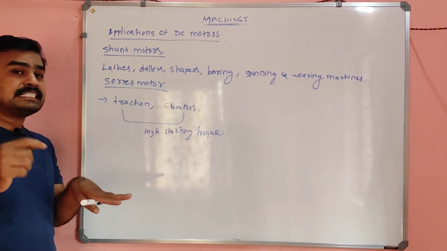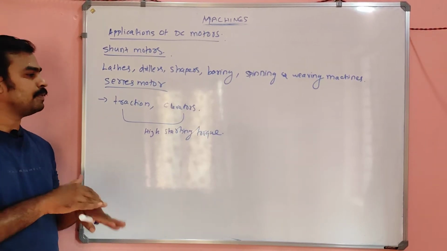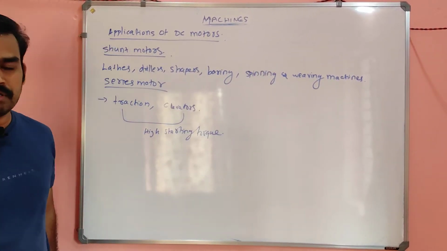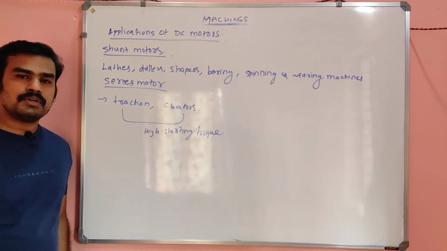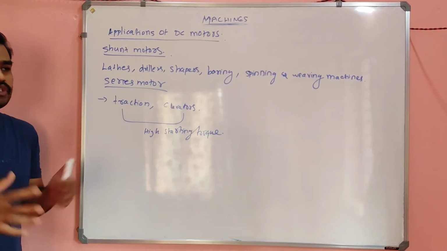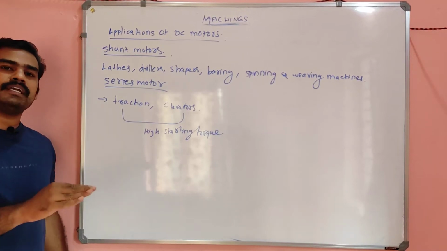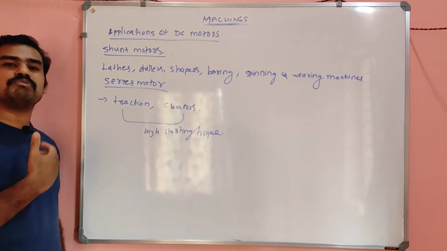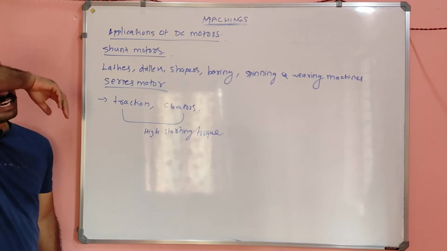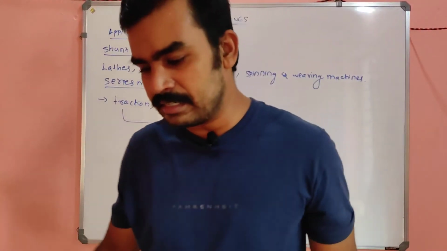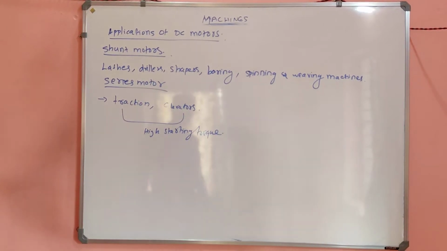That is the reason why we are using series motors there. And in elevators, escalators or elevators, you already know this. There also, suppose so many persons or so much load is there, and it has to start by overcoming the very high inertia. So you need a very high starting torque. So whenever you need a very high starting torque, what can you use, my dear? There you can use our series motor.